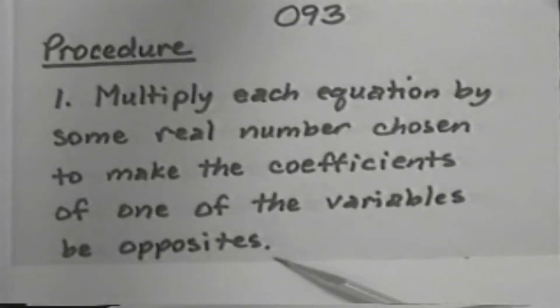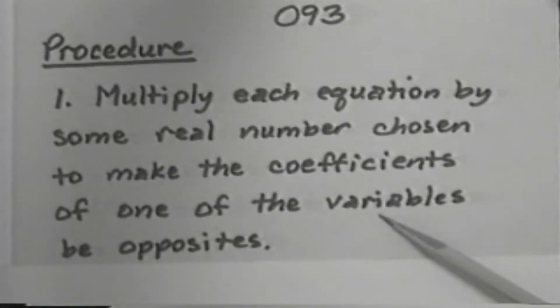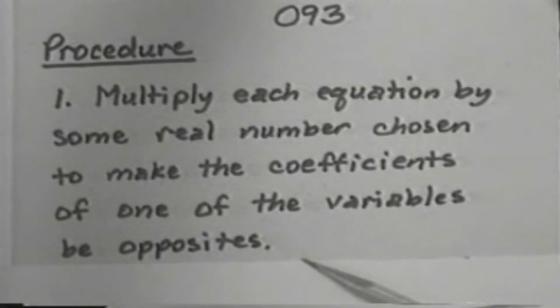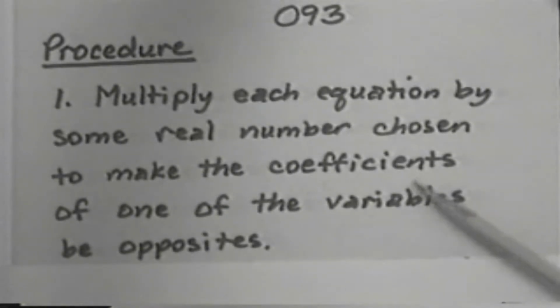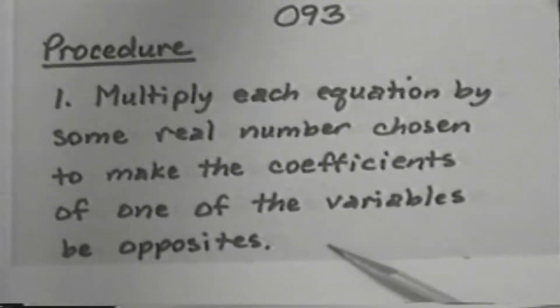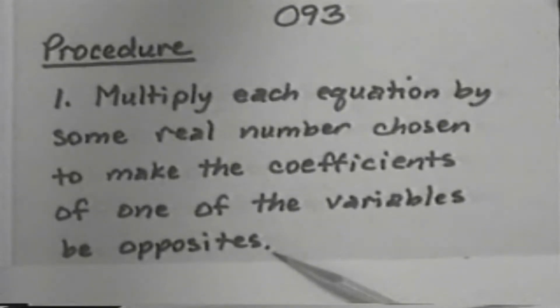You might choose the variable y and make the coefficients of y's be opposites. Or you might choose the variable x and make the coefficients of the x terms be opposites. Remember that opposites are numbers that have the same absolute value but opposite signs, like 2 and negative 2.